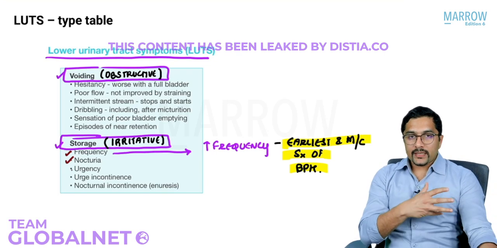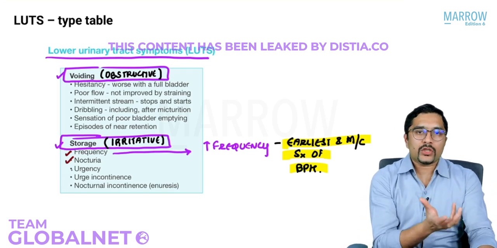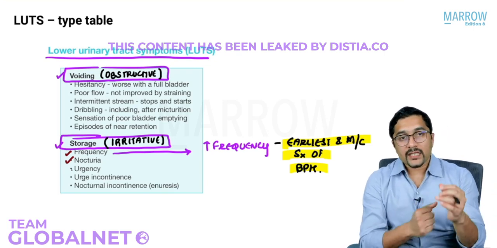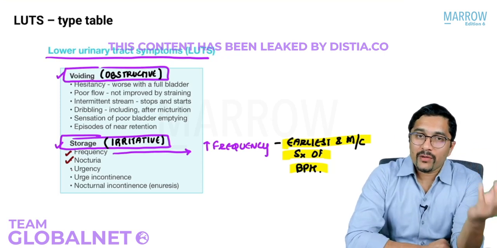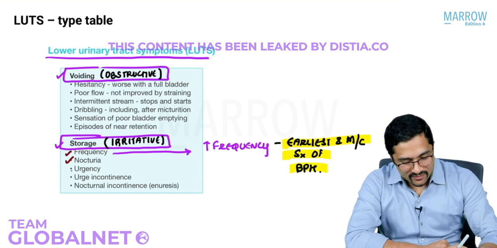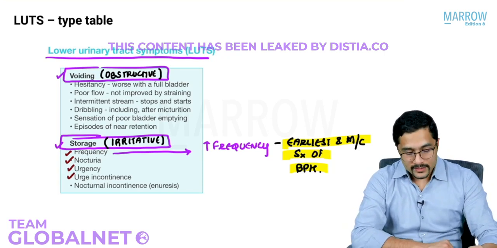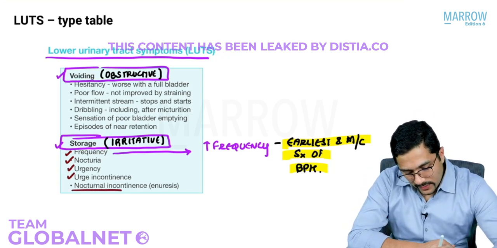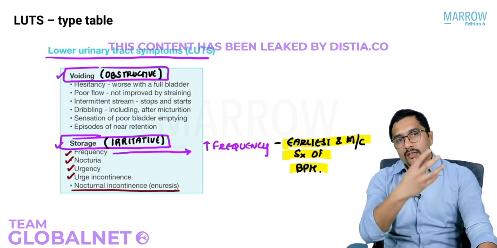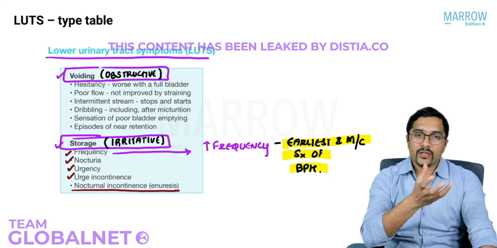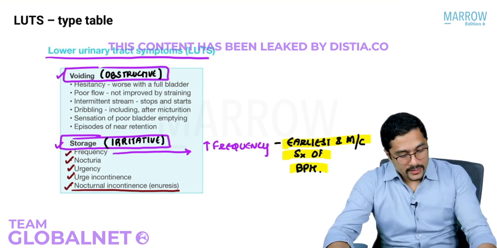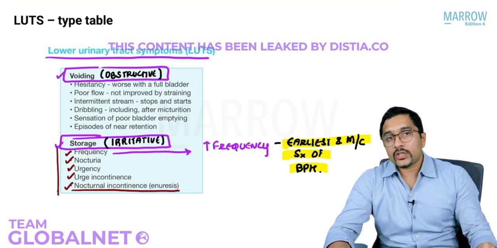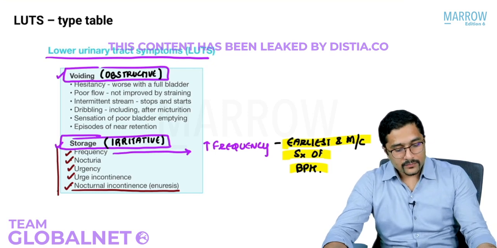Urgency means that the patient will have a sudden urge to pass urine, and if the patient doesn't rush to the toilet, he will pass urine before he reaches the toilet, and that is called urge incontinence. Nocturnal incontinence is when the patient passes urine while sleeping, that is enuresis. These are all the storage symptoms.